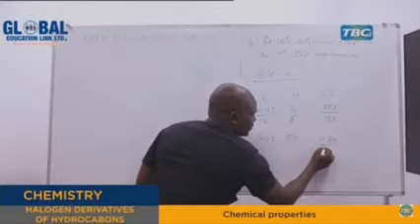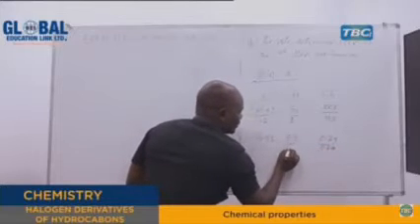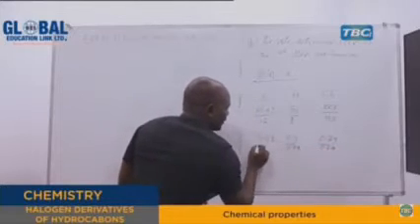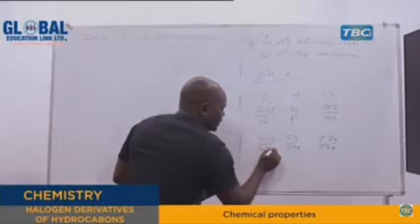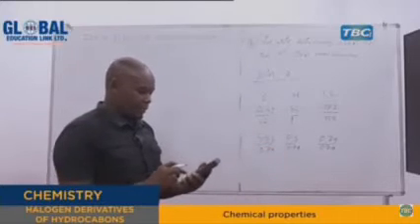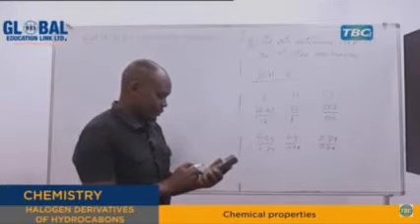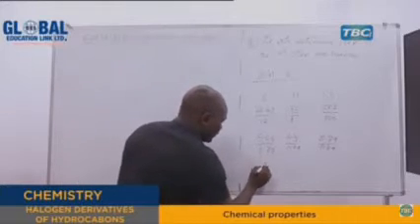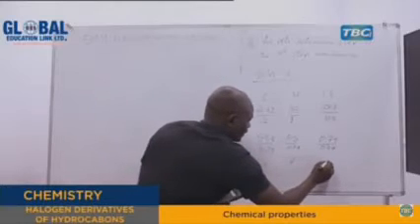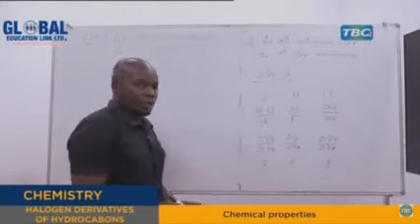So here now we divide by the smallest value, which is 0.79. Here we divide by 0.79, here by 0.79, here by 0.79. After dividing using your calculator, 5.53 divided by 0.79, you get 7. So here it will also be 7, and this will be 1. So what does it mean?